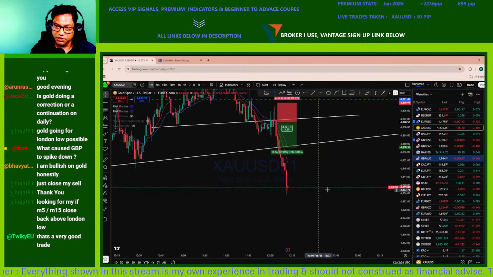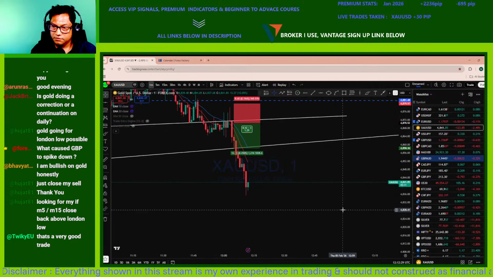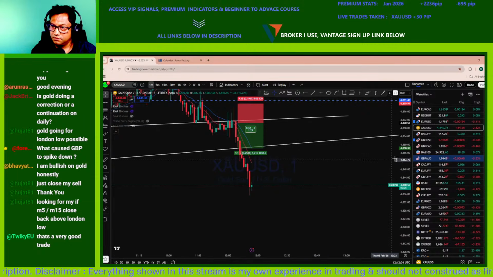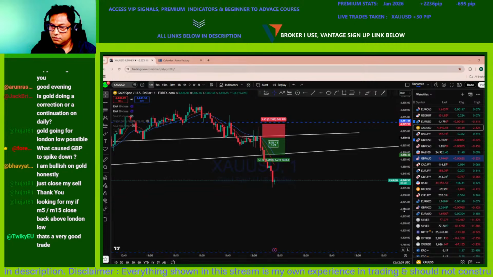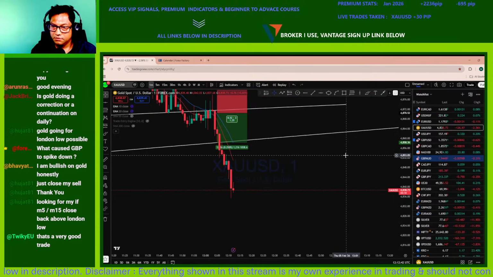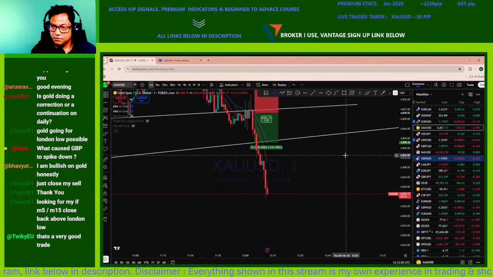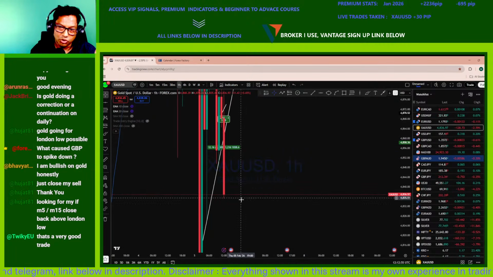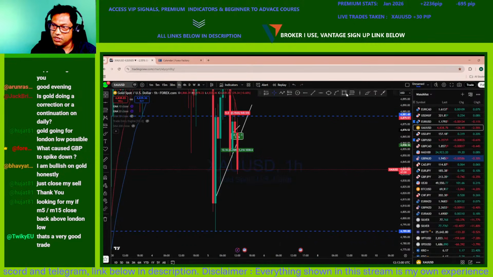Okay, so here is this one here. Okay, you can see the market slowly breaking below. That could bring the market further downside to this support level.